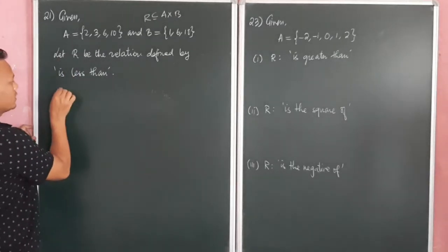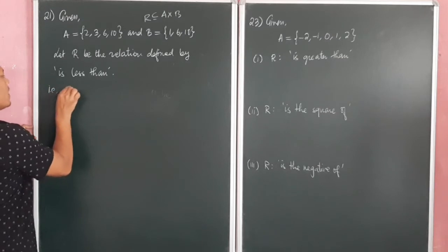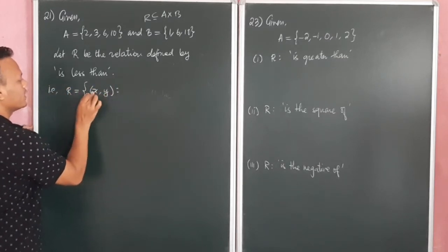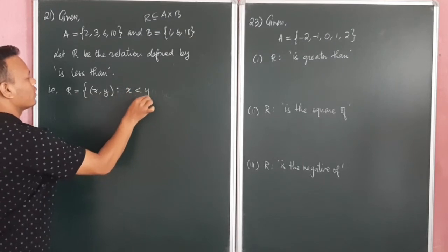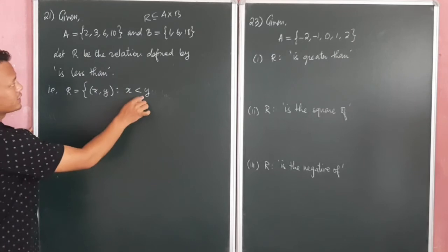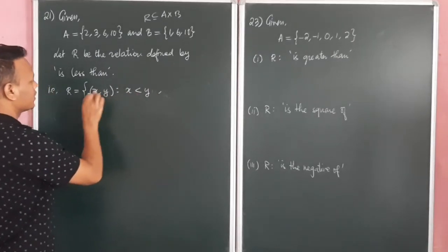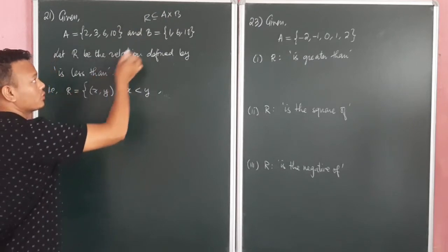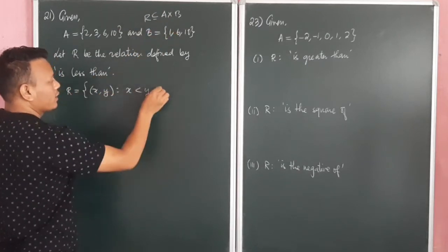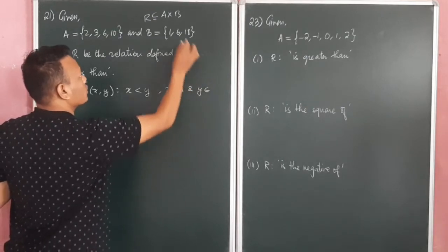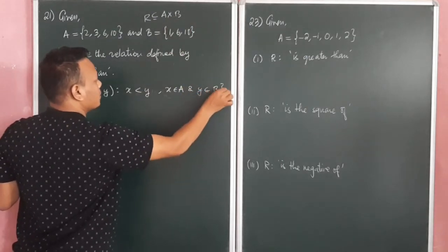Okay, that is R is a relation containing x comma y such that x is less than y. So x is less than y, where this x, the first element should come from A, since it is a subset of A cross B, no? So x belongs to A and y belongs to the second set, that is B.